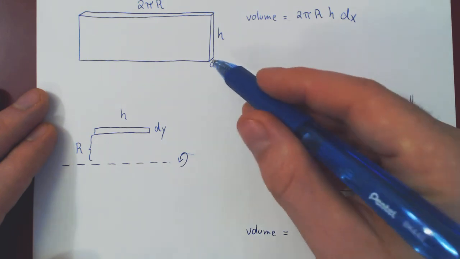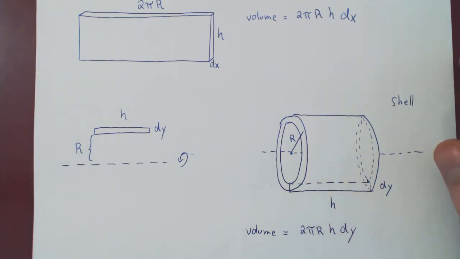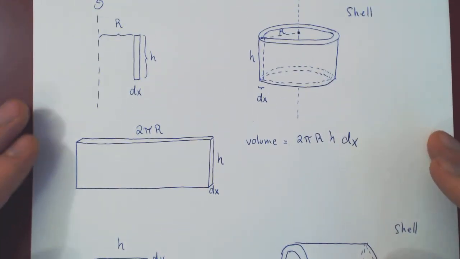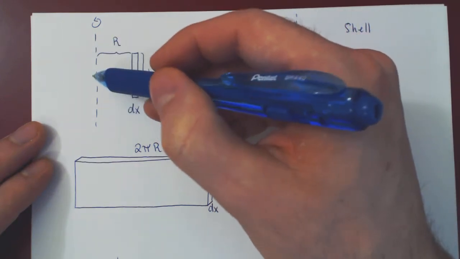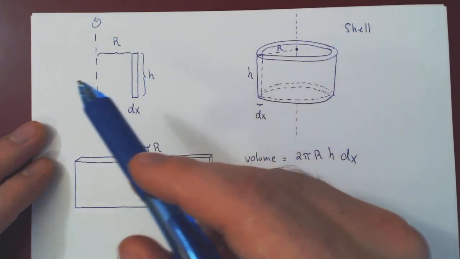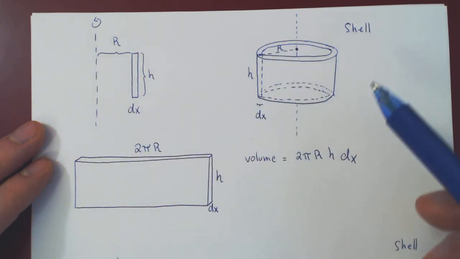And all you're missing is the thickness, and in this case it's given by dy. And that's it. So if you ever have a rectangle that is parallel to the axis of revolution and away from it, as you revolve the rectangle about the axis, it generates a cylindrical shell, or simply a shell.